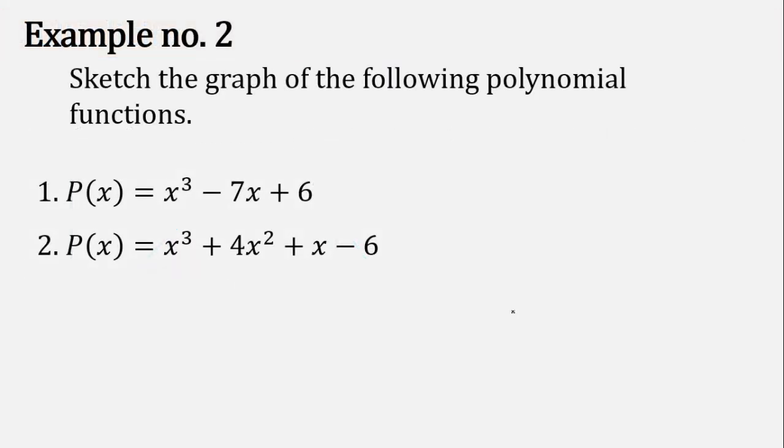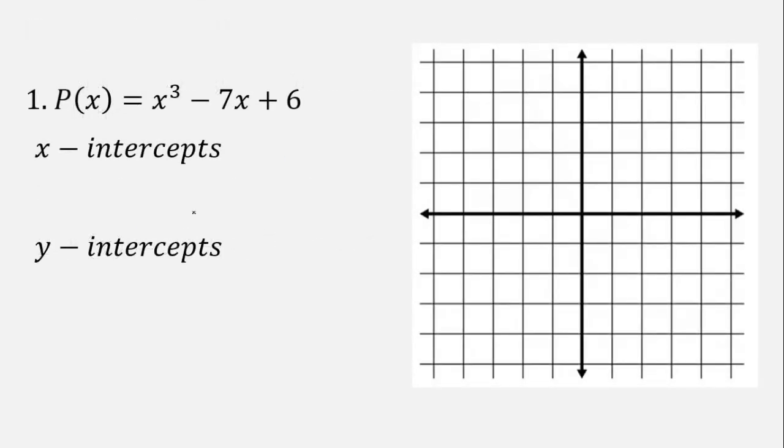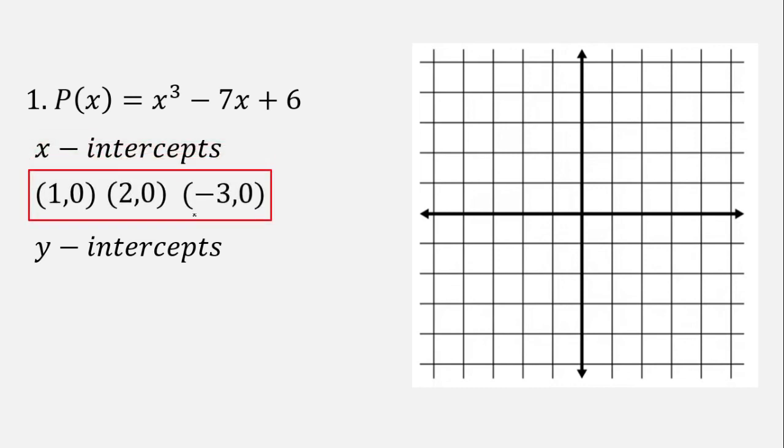Now before we end this, let's make a rough sketch of the graph of this polynomial function. So first, let's list the x-intercepts. We already solved the x-intercepts of the following functions a while ago, and we also solved the y-intercept of this. All we need to do is to plot all the points that we know.